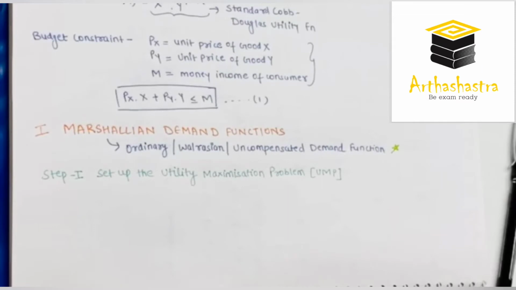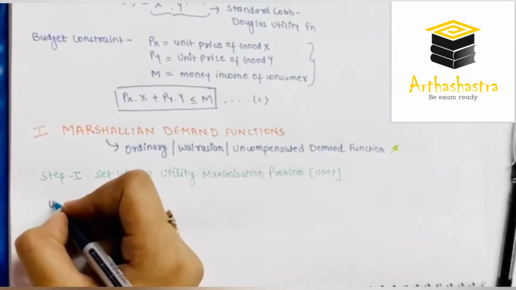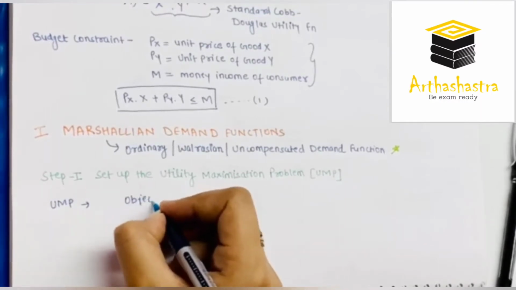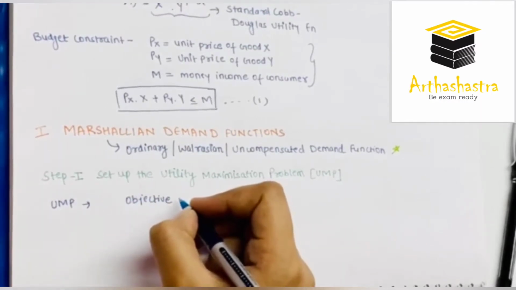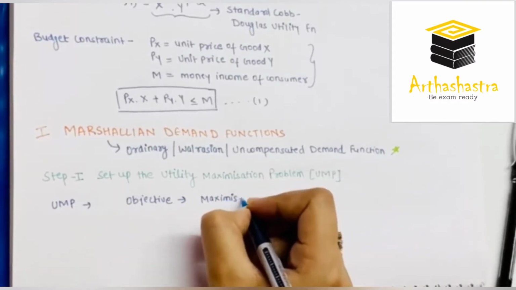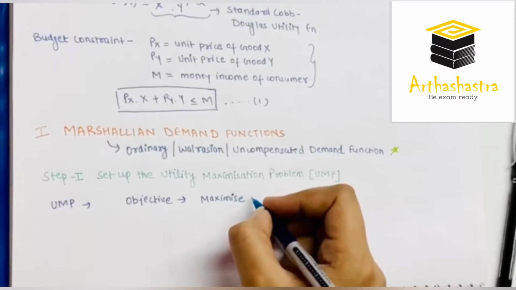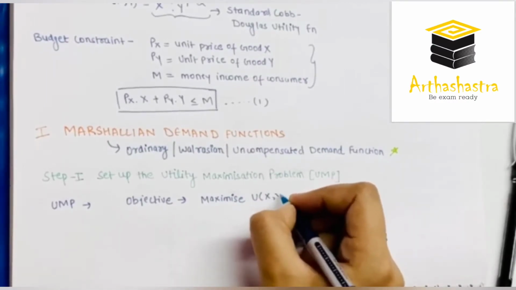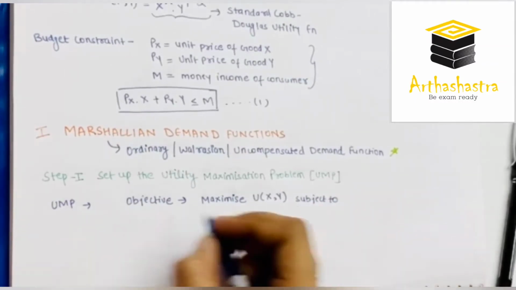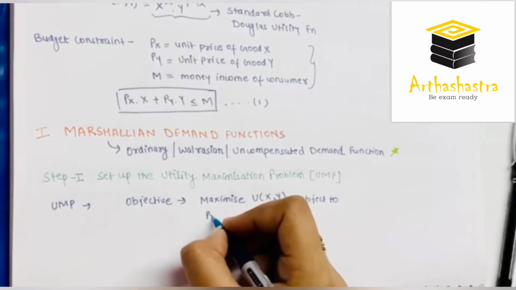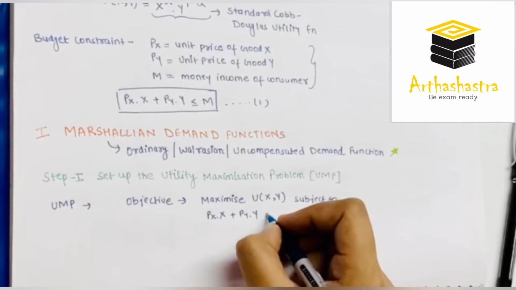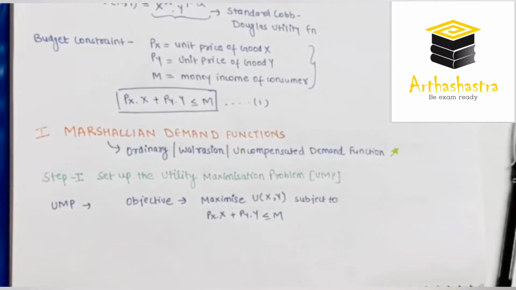So we can formulate this UMP in mathematical terms. Our objective is to maximize the consumer's utility, that is a function of x and y, subject to the consumer's budget constraint, which is px times x plus py times y less than or equal to m.